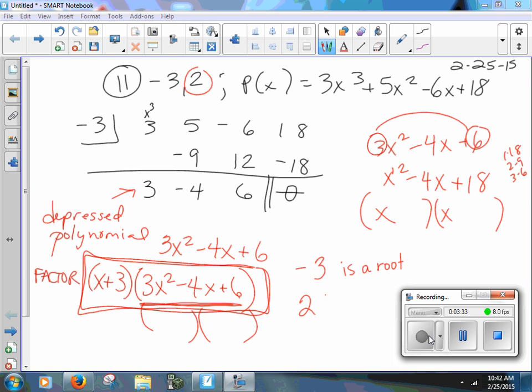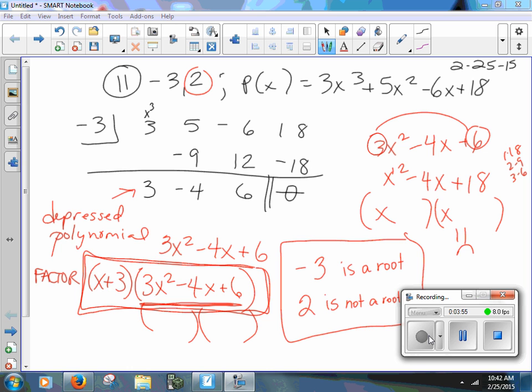Then I would do this. 2 is not a root. That's how I answered. I did all the work to prove that negative 3 was. I tried to factor it, and then I was just like, no, it can't be done. And this was what I wrote on my paper. So this was all of my proof with my final answer.